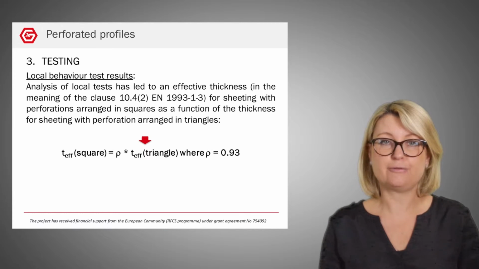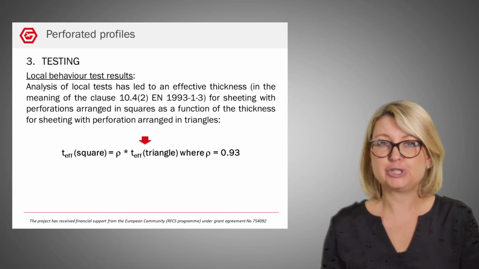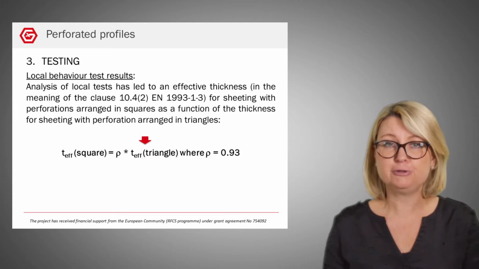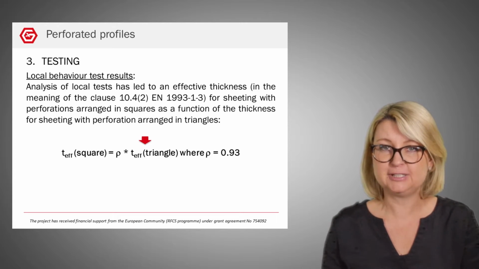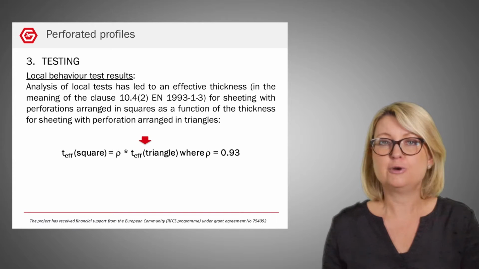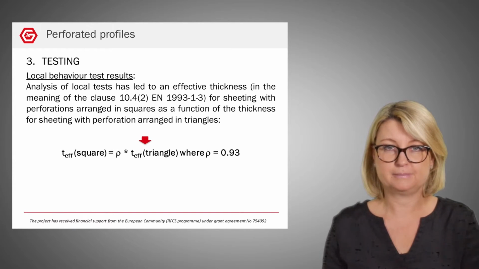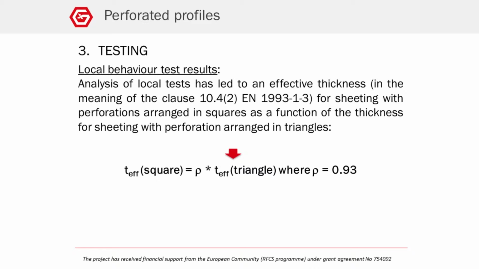The analysis of the local tests led to an effective thickness for sheeting with perforations arranged in squares as a function of thickness for sheeting with perforations arranged in triangles: t_F square is equal to ρ multiplied by t_F triangle, where the ratio ρ is equal to 0.93.